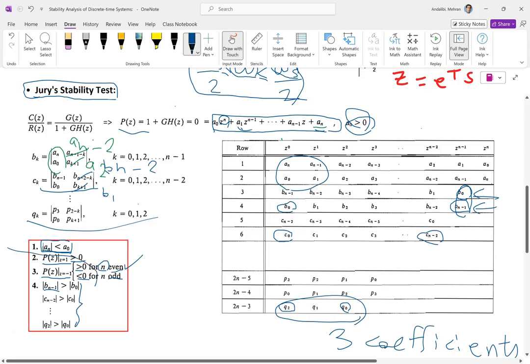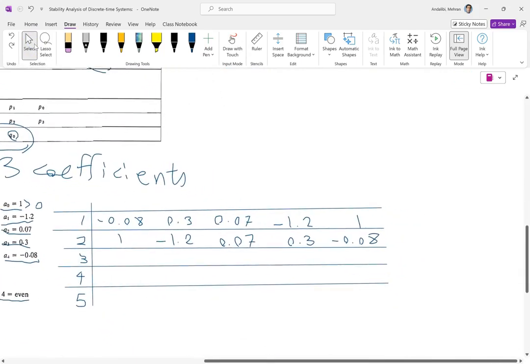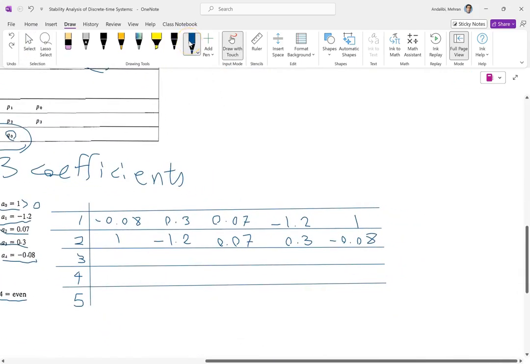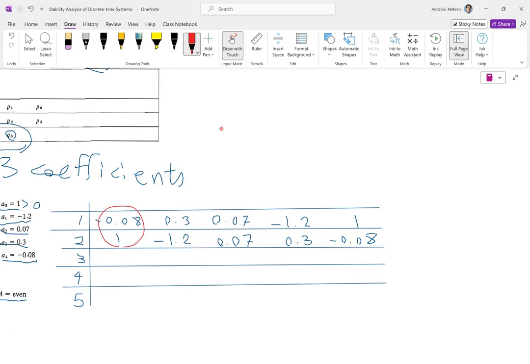Okay, so let's go back and do it right here for this example. So here the numbers I need to pick are clearly these guys and these ones. We need to find the determinant of that, and that is going to be my B naught, which is going to be sitting right on the fourth column.